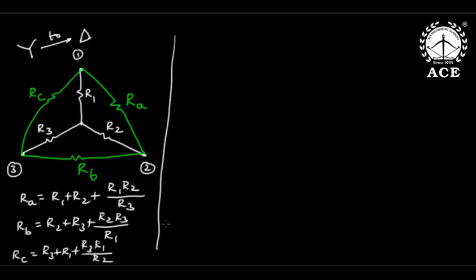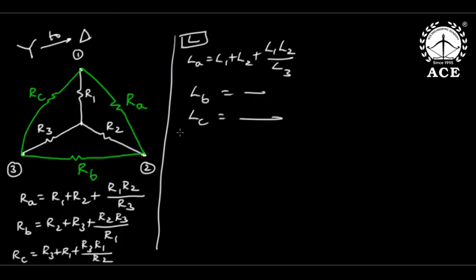Now here also, if they are all inductors and I want to convert them from star to delta, this LA will be L1 plus L2 plus L1 L2 by the opposite L3. Similarly, LB and LC you can also do. Then capacitors.